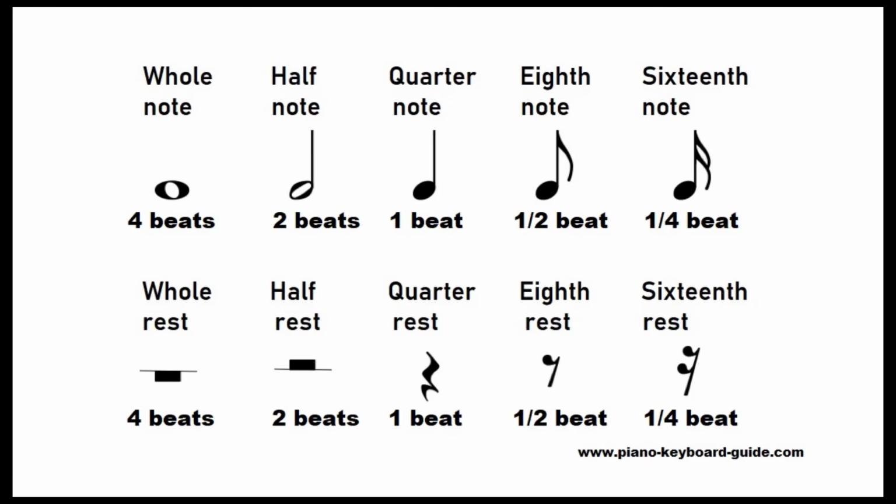Similar to an eighth note, an eighth rest or quaver rest lasts for half a beat, and just like a 16th note, a 16th rest or semiquaver rest lasts for a quarter of a beat.